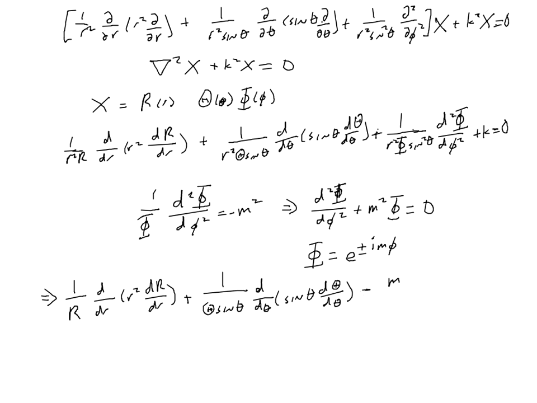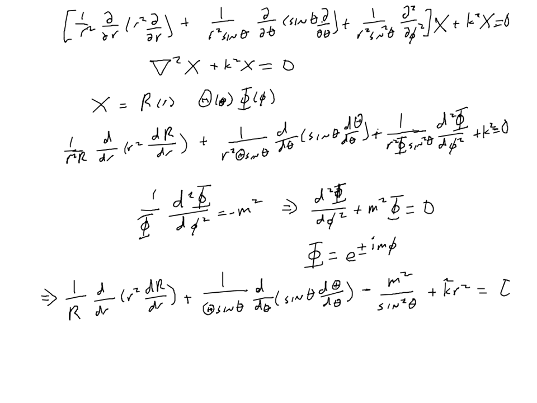So I have minus m squared over sine squared theta. And then I have my k squared times r squared equals 0. Lots of squared there.